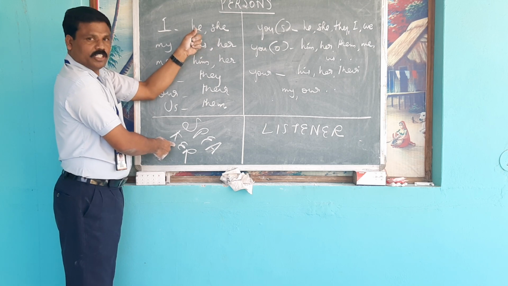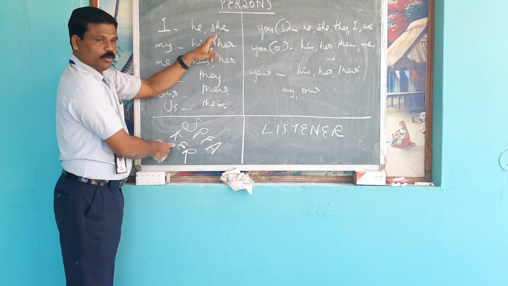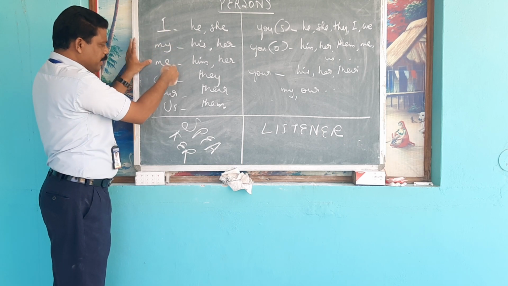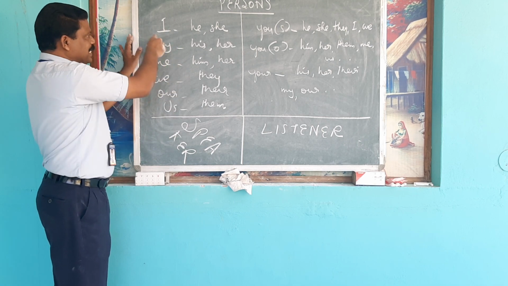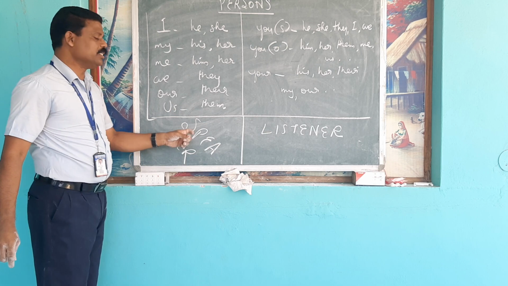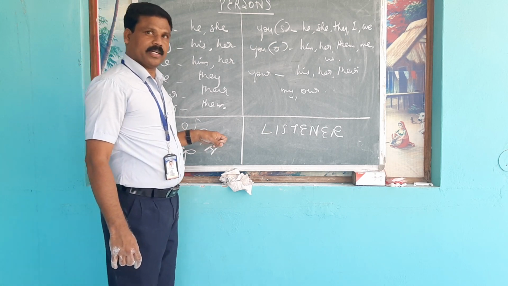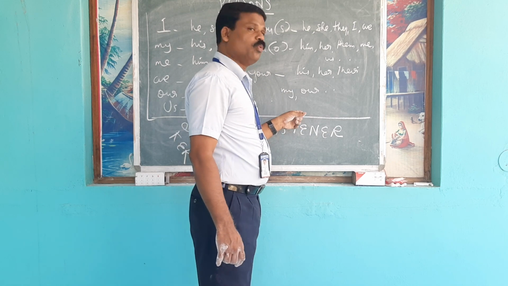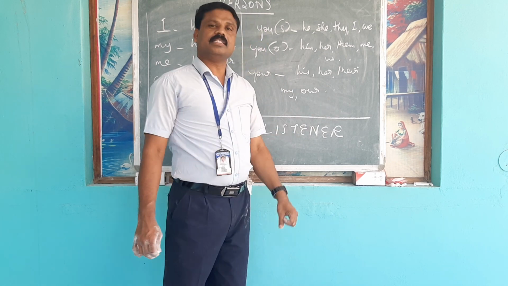Speaker male है तो will change into he, female है तो into she. Just like my, I, my, me, we, our, us. These words will be changed according to the speaker, and you and your will be changed according to the listener.